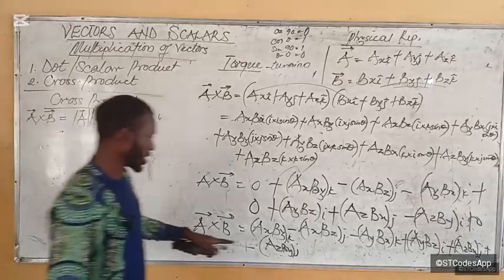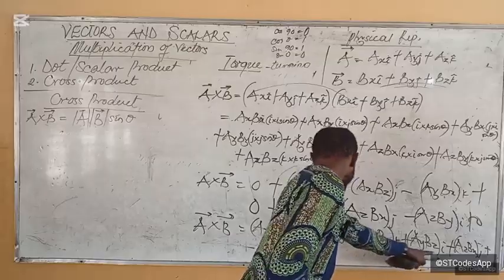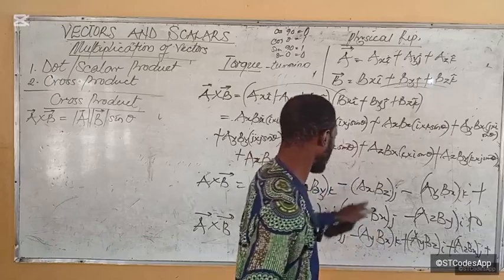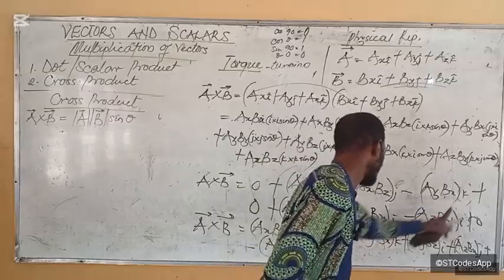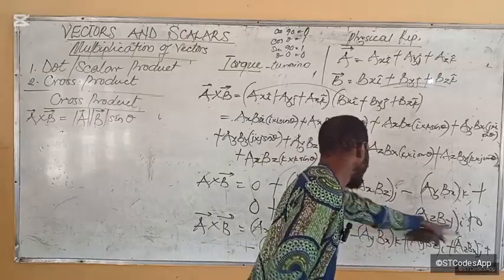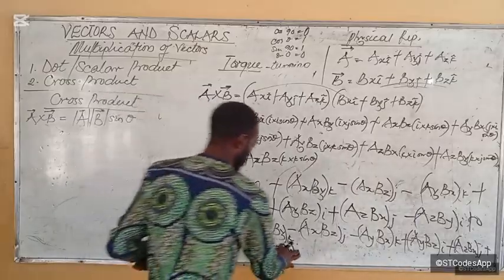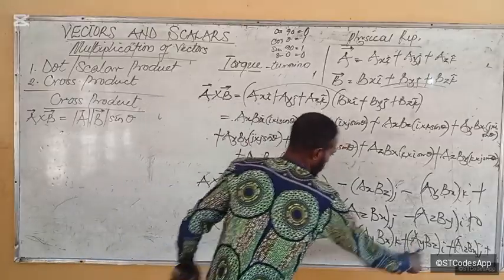K and K, which ones are Ks? Let's do Is first. This one is I. They have to be 2, right? 1, 2, 3, 4, 5, 6. So K and K, J and J, I and I. This I is negative, this I is positive. So let's bring this first.